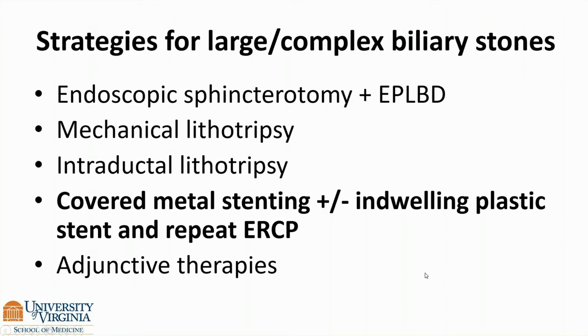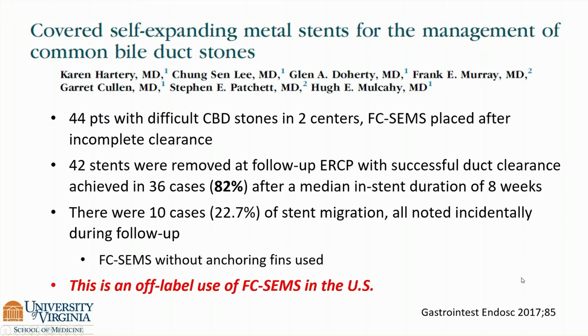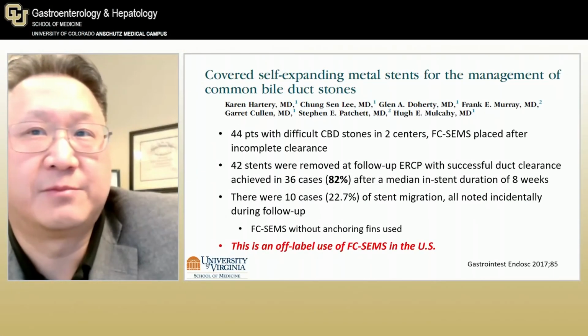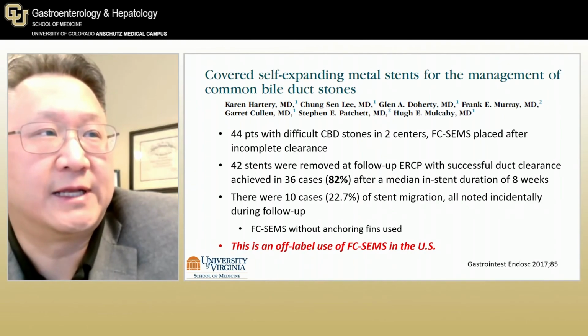So lastly, covered metal stenting. It's interesting, actually, in my perusal of the literature, there are really very few published studies using this technique, which I've used for some time. It's important to remember that use of fully covered metal stents for this indication in the US is off-label. But in this retrospective study, 44 patients with difficult to clear stones had a fully covered metal stent placed after an incomplete ERCP.